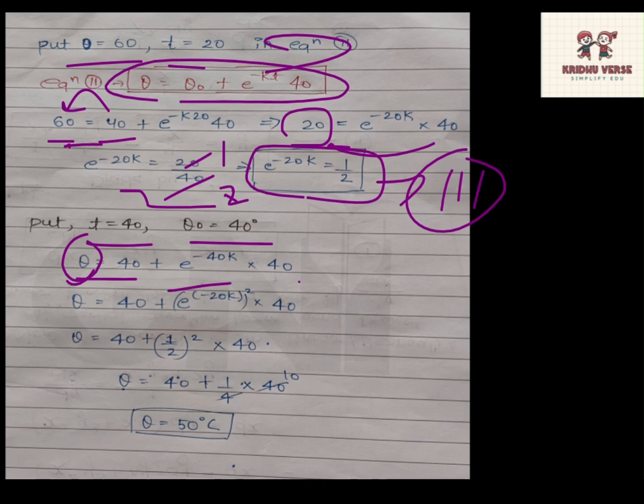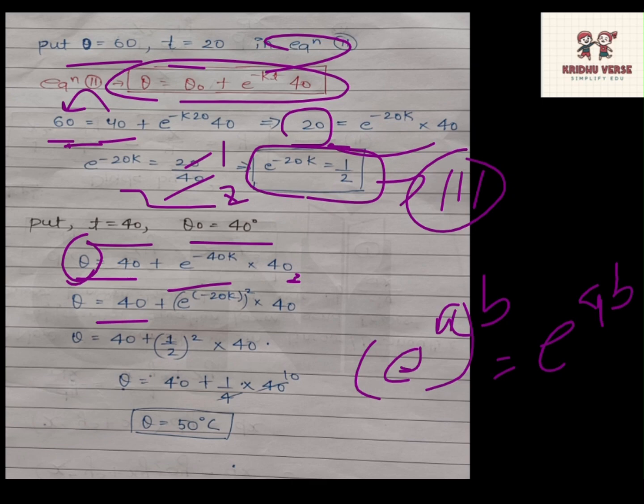So theta equal to 40 plus e to the power minus 40k, which we can write as e to the power minus 20k whole squared, because we know the formula: e power a whole power b, we can write as e power ab.